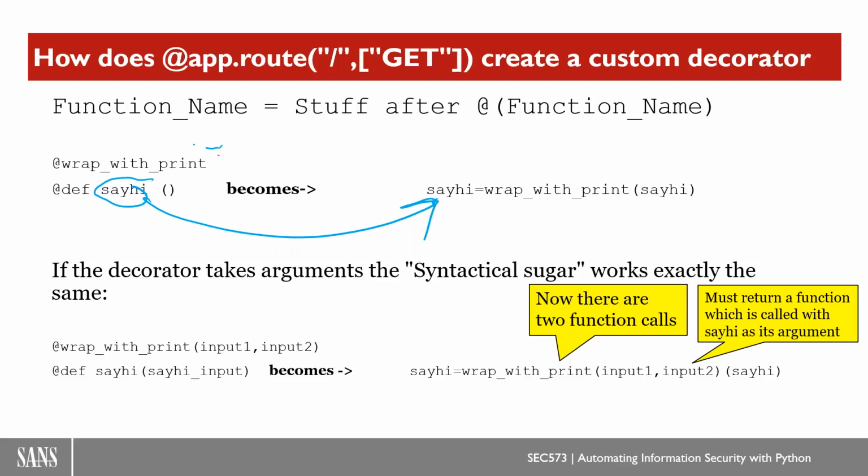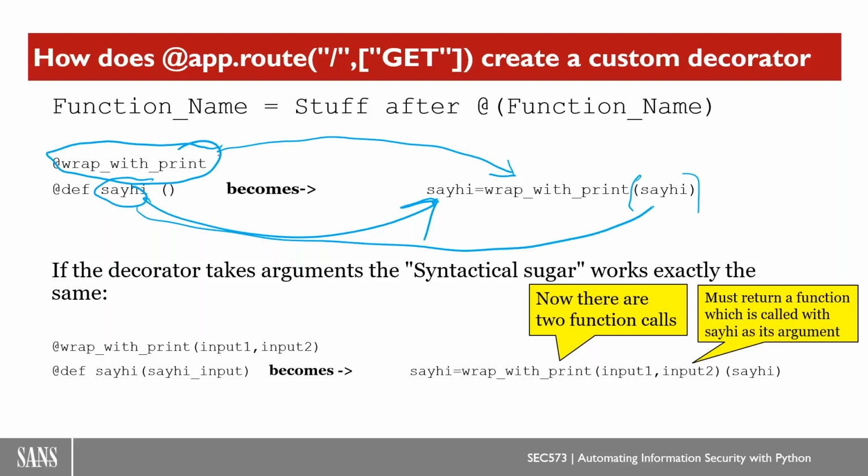It then takes whatever you have after the @ symbol, puts that on the right-hand side of the equal sign, and then puts open parentheses, and this function goes in here as well. So that's what this syntactical sugar does when you wrap these functions.